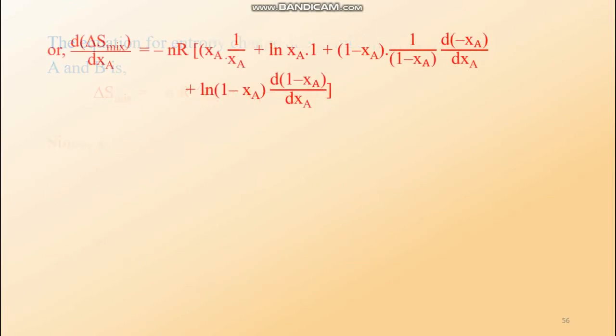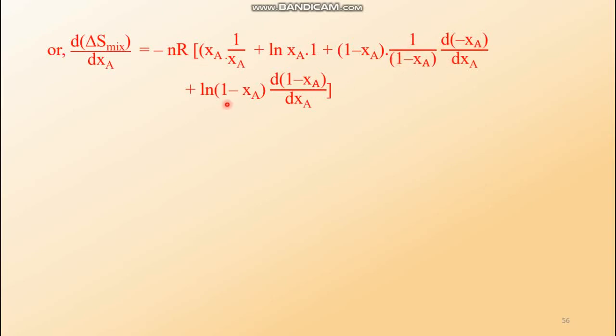Let us check. So left hand side as usual, in the right hand side minus NR is common. Now this is 1 by XA. This is simply 1. I just assumed a step jump here, so here it is actually split. So 1 by 1 minus XA, again differentiation of minus XA, that means minus 1 by 1 minus XA.